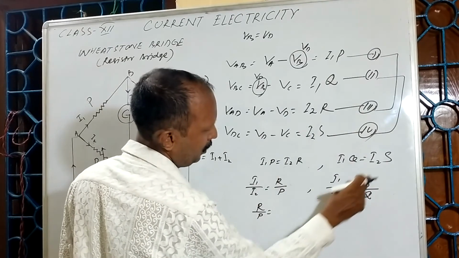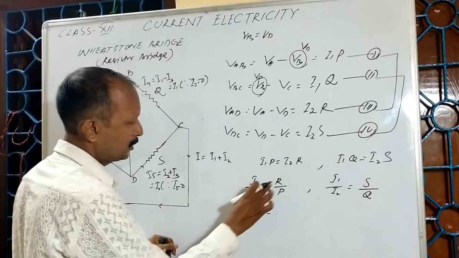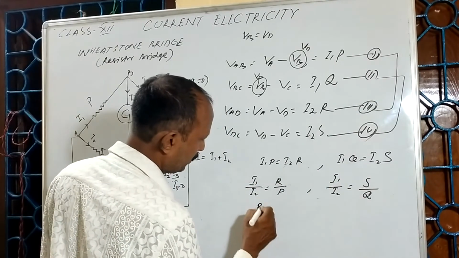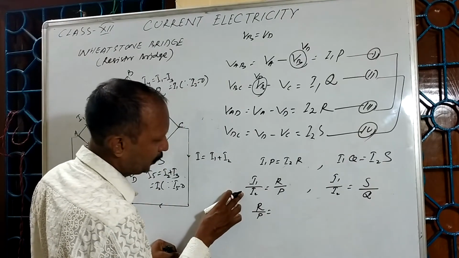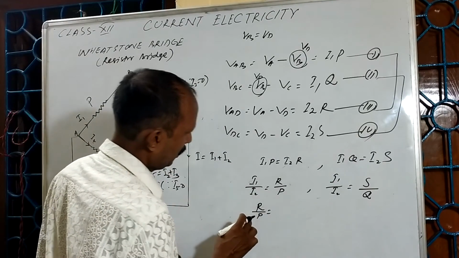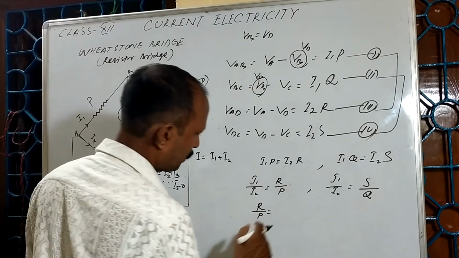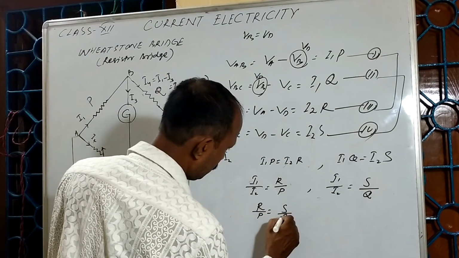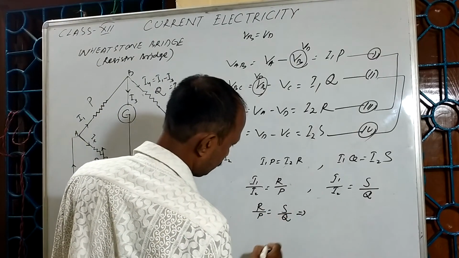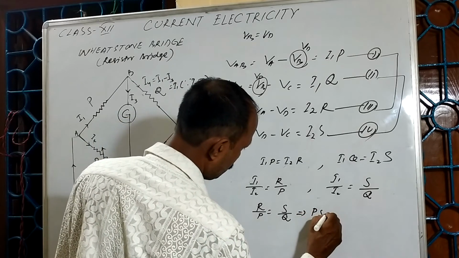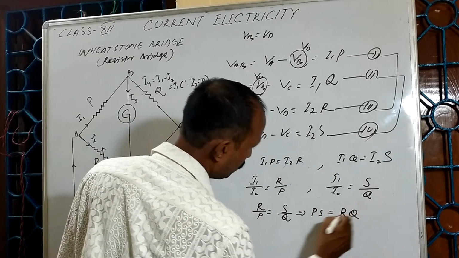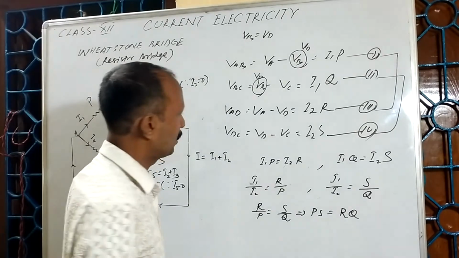So I1 by I2 is S by Q. So this is R by P, that is S by Q. That means both are I1 by I2. So I can say that R by P is equal to S by Q, which implies that PS is equal to RQ. This is the balanced condition.